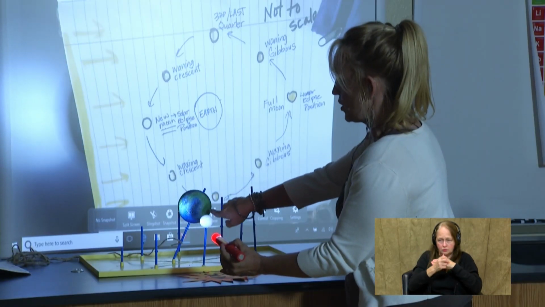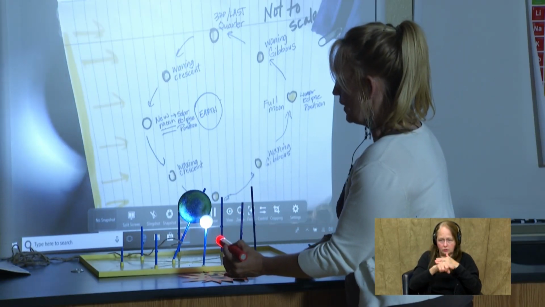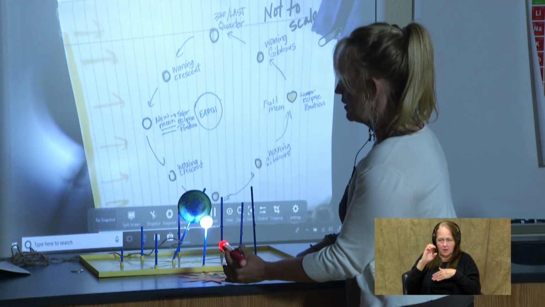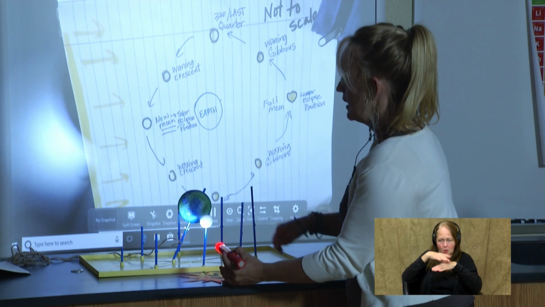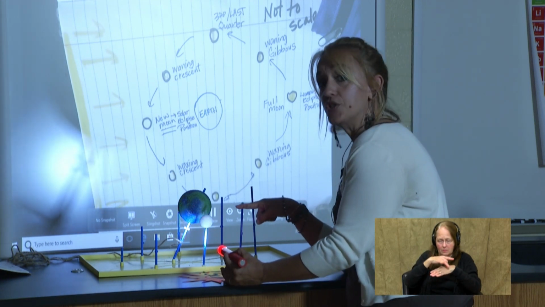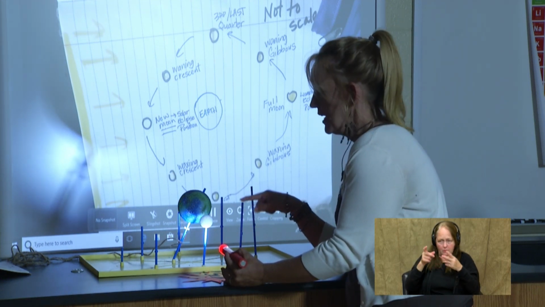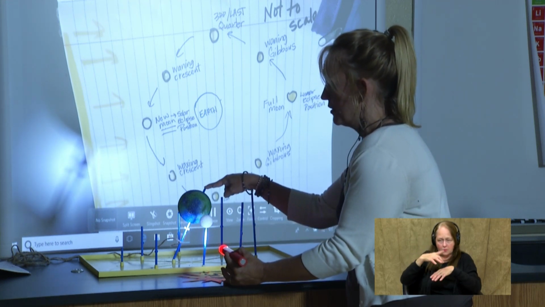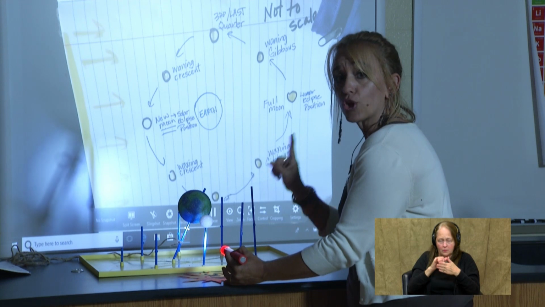You can make out the circle right there. If I wiggle the light, you can see the eclipse move on the earth. This is new moon position. This is the sun, the moon, the earth. This is a solar eclipse.